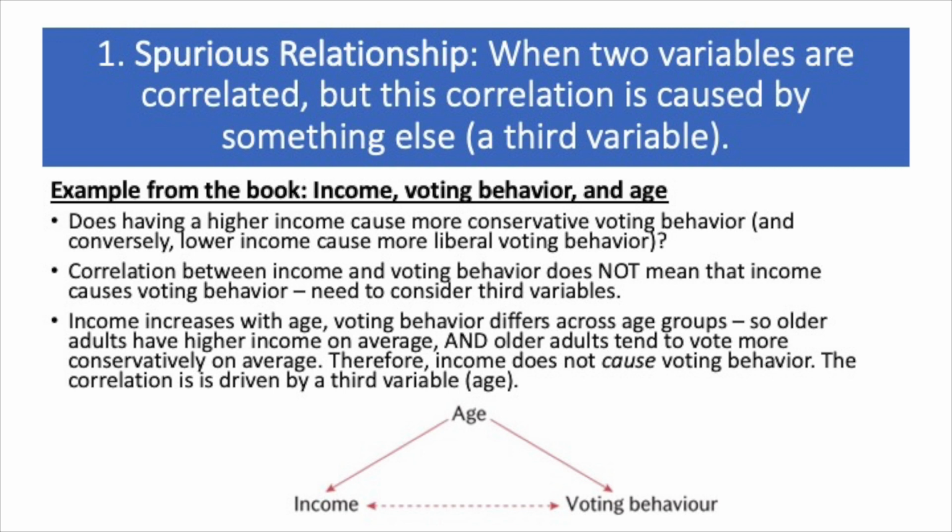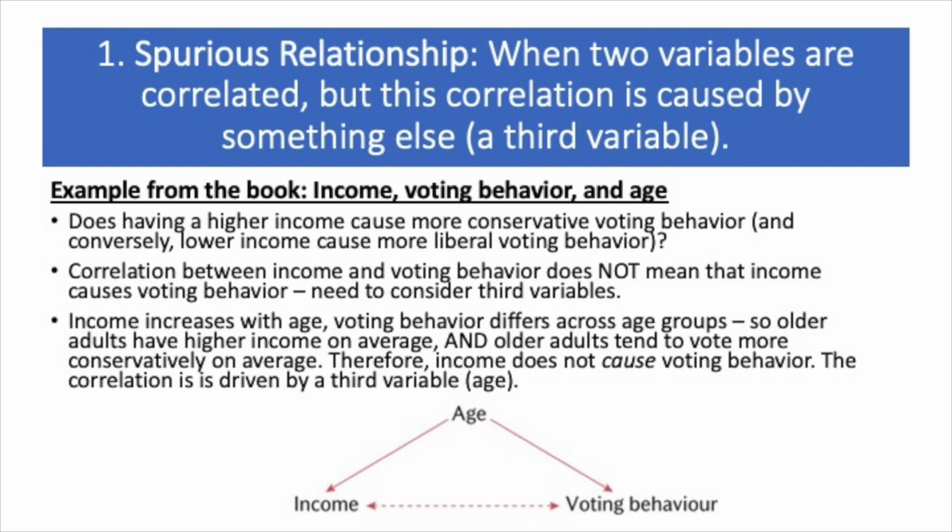Now, if we were to completely leave age out of our analysis and not think about it, we'd have what's called omitted variable bias, right? That's when you don't include that, say, third variable in your analysis, and you end up with that spurious relationship, okay? This is one example.